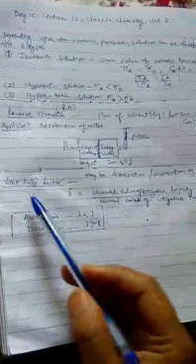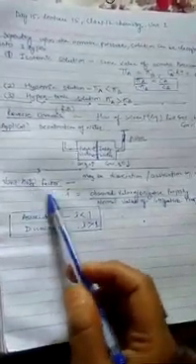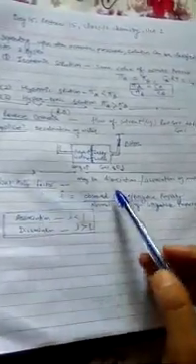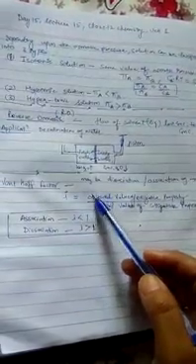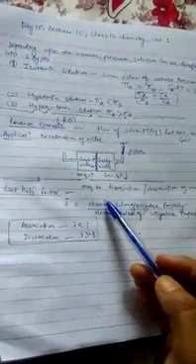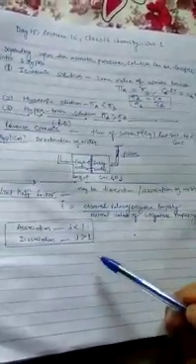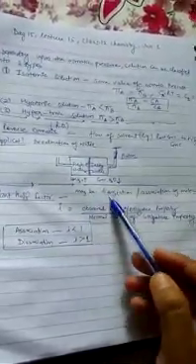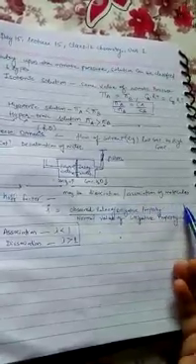Now we have to discuss the last topic of this chapter, that is Van 't Hoff factor. Van 't Hoff was the scientist who said that we cannot calculate the molar masses of solute accurately by means of colligative property, because there may be dissociation or association of the molecules.